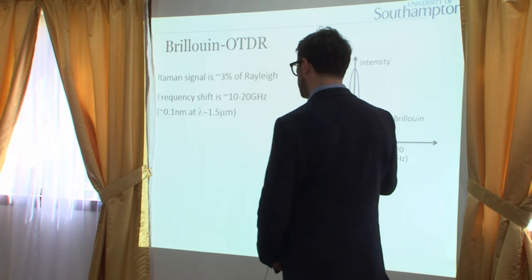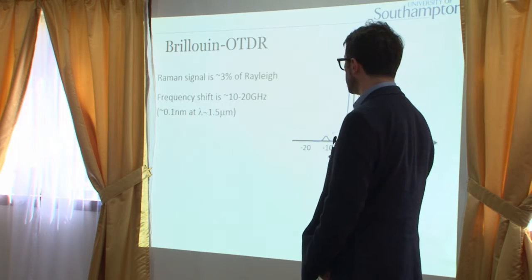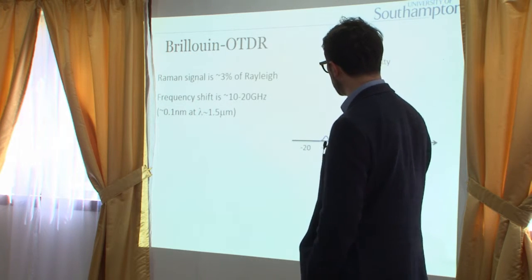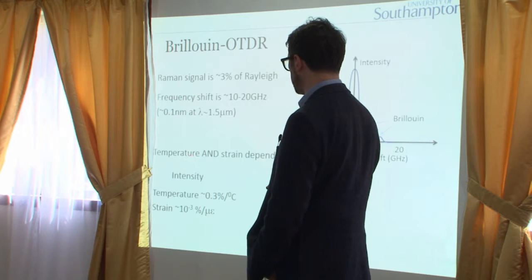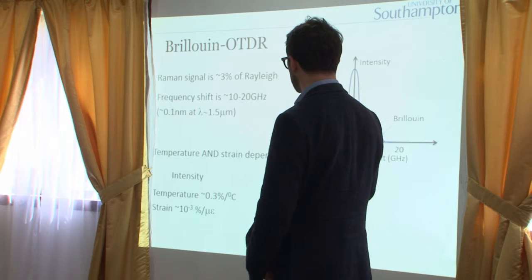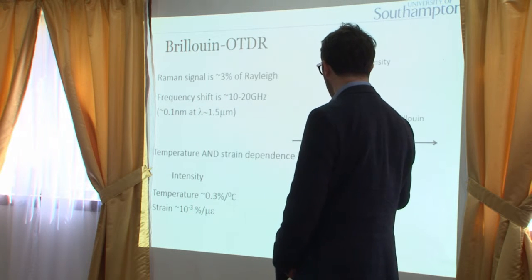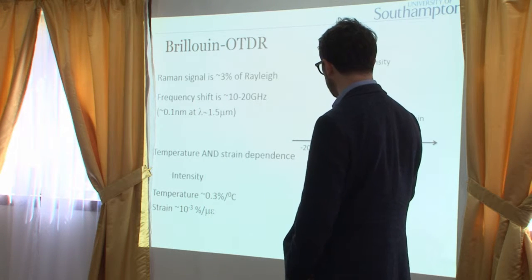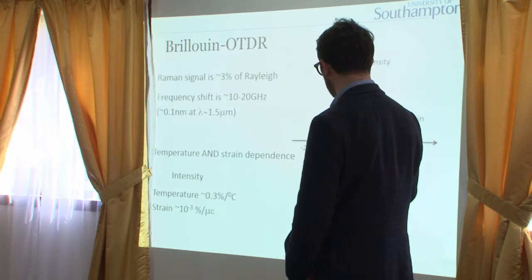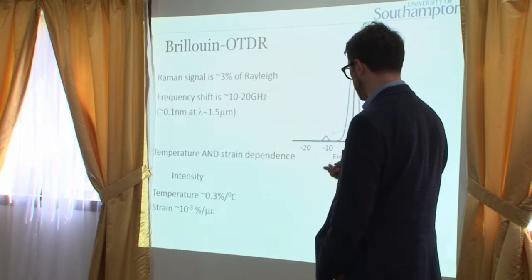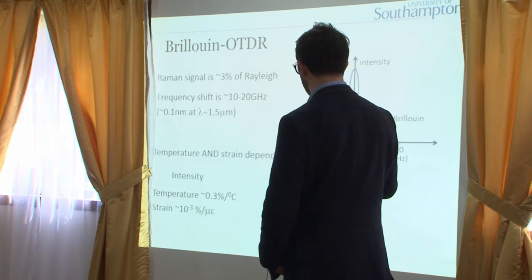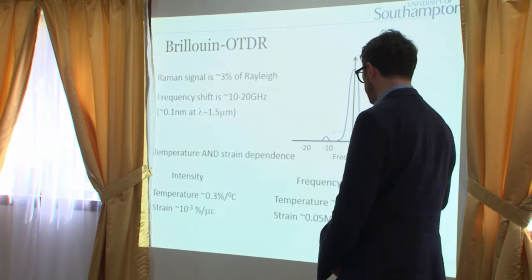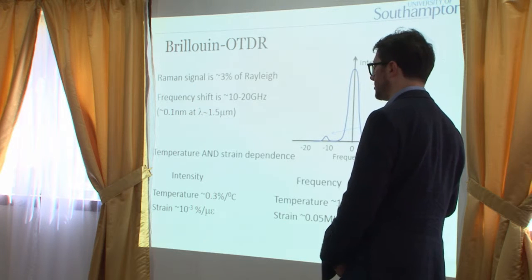But Brillouin, which is mainly used in Southampton, is very interesting because the peaks do not depend on the temperature only, but on the temperature and the strain. So we have the intensity of these peaks and their position that depend on two variables. If we measure the intensity and the frequency shift, then we can determine the temperature and strain.